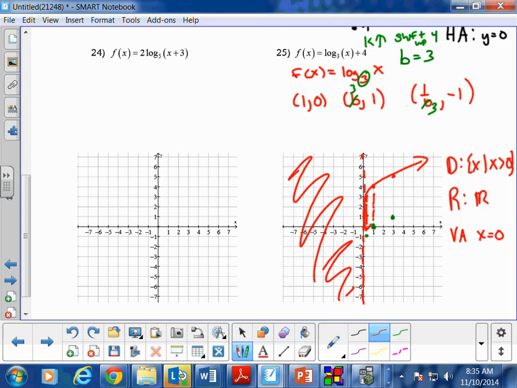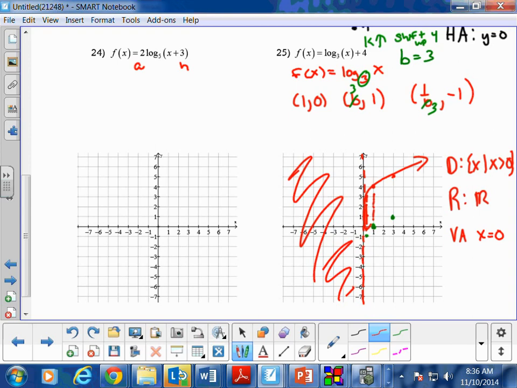Okay. Now, let me lightly touch base on number 24 before I move on. With number 24, you're going to have 2 things, because this one has an a value and it also has an h value. Now, what's going to happen?